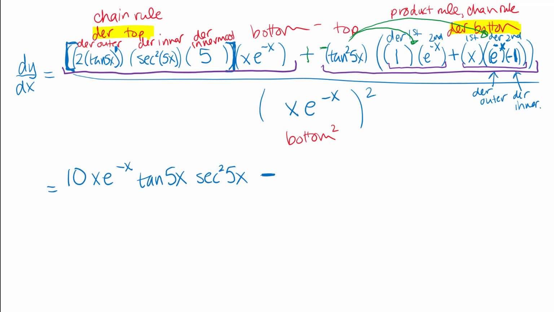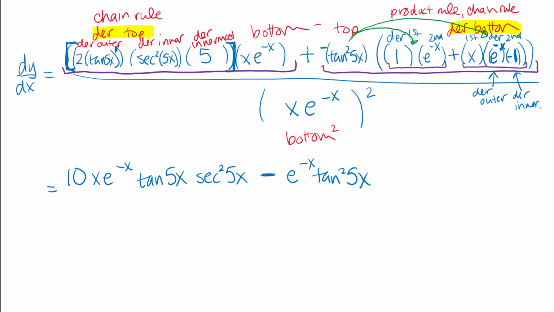Okay, so when I do that, I'll have negative tangent squared 5x times 1 times e to the negative x. So that will be minus e to the negative x tangent squared 5x. You can write that in either order, but I like to put the trig functions at the end. And then the next term here, I'll have negative tangent squared 5x times e to the negative x times negative 1.